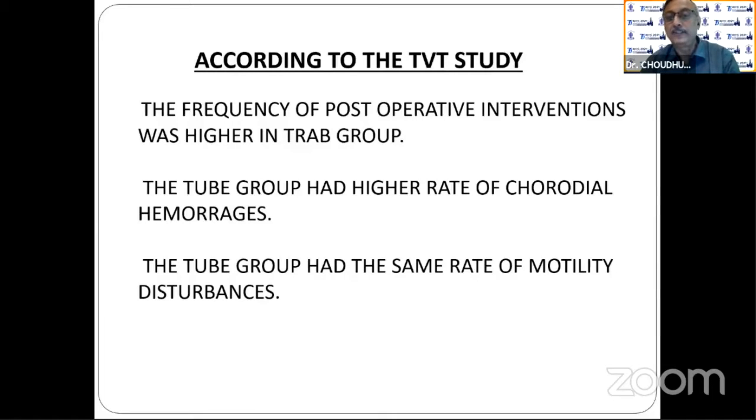The tube group had a higher rate of choroidal hemorrhages, and also motility disturbances in some cases, which we have seen earlier when we were using the Baerveldt valve, although Molteno was a big type of valve. But with the AMET valve, it is less, but it may happen.